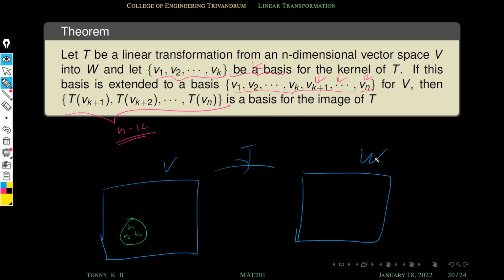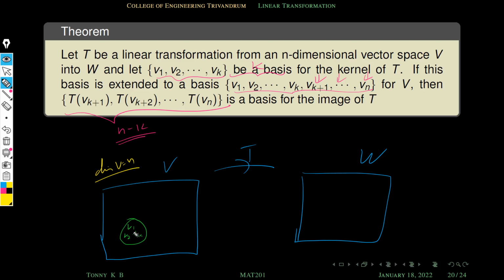Okay, this means V and W are two vector spaces, and we assume that the dimension of V is n. There is no restriction for the dimension of W. Then v1, v2, ..., vk form a basis for the kernel of the transformation. We know that the kernel is always a subspace of V, so it has a basis, right?